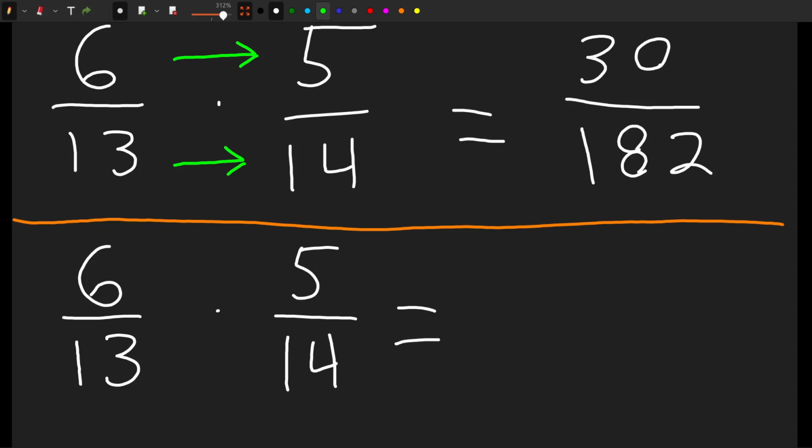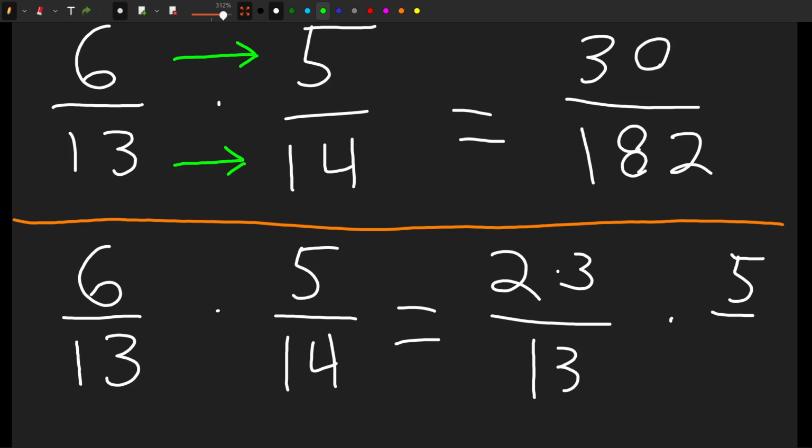And instead, what I'm going to do here is write down the prime factorization of the numbers that I have in my fractions, the numerators and the denominators. So 6 can be written as 2 times 3. 13 is a prime number, so I'm just going to keep it as 13. If you want to, you could write it as 13 times 1, but that's just going to be extra steps. 5 is also prime, so I'm just going to leave it as 5. But 14 I can write as 2 times 7.